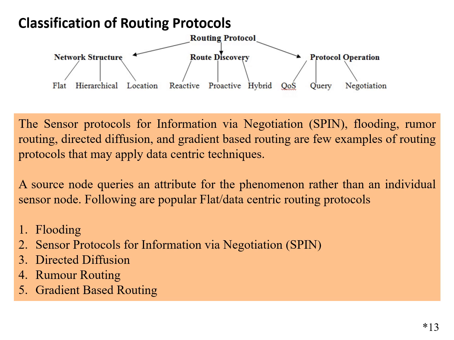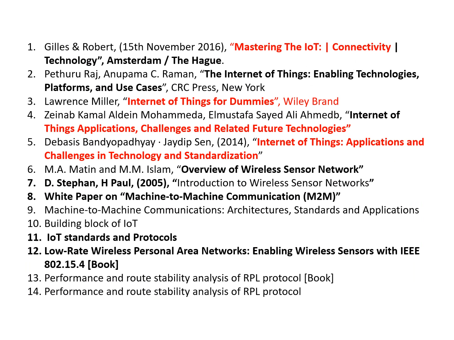So these are flat and data-centric routing protocols. In flat, we have these routing protocols: flooding, SPIN, directed diffusion, rumor routing, gradient-based routing protocol. So in the next lecture, we will go through those topics.